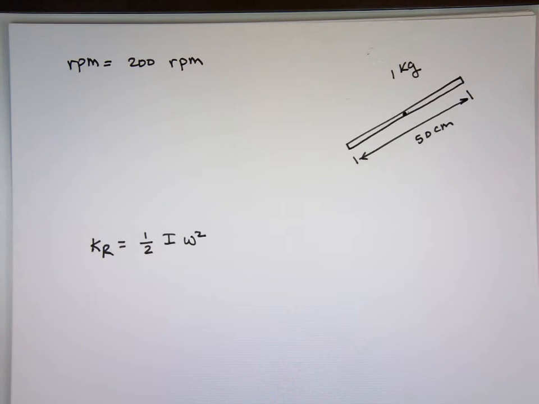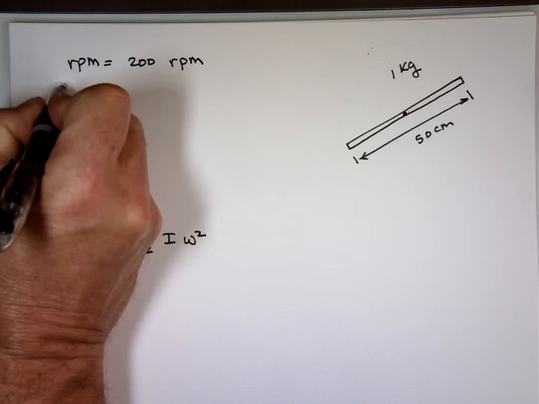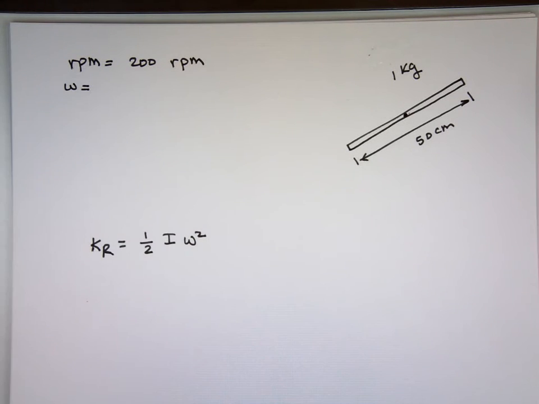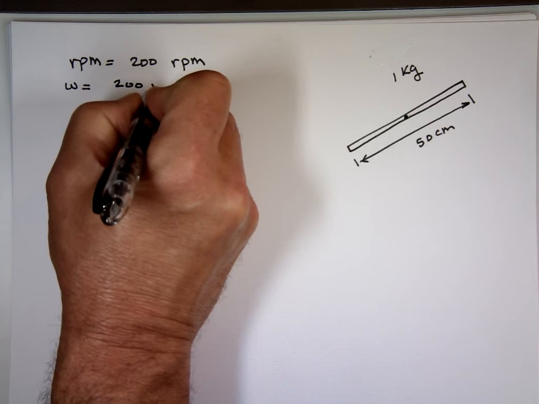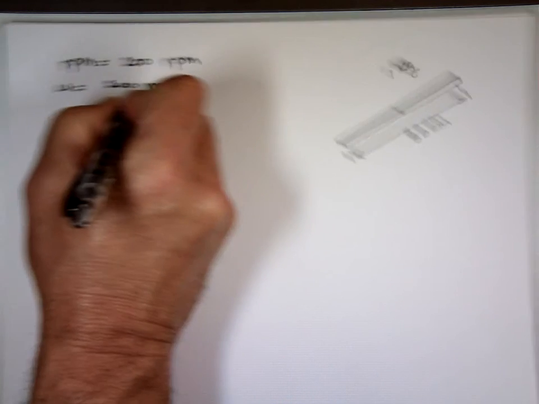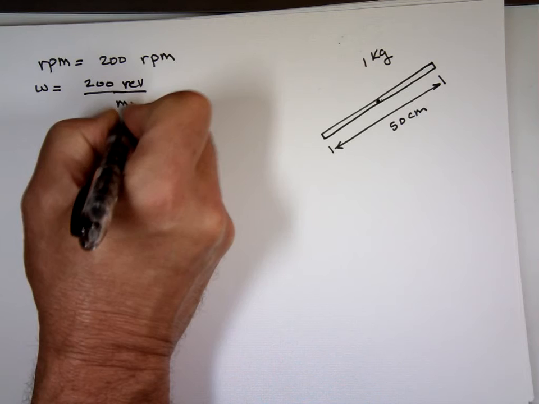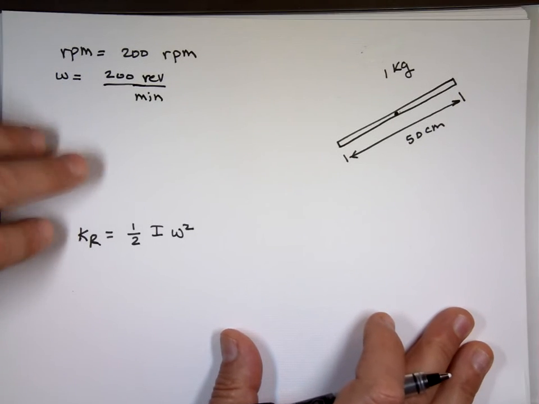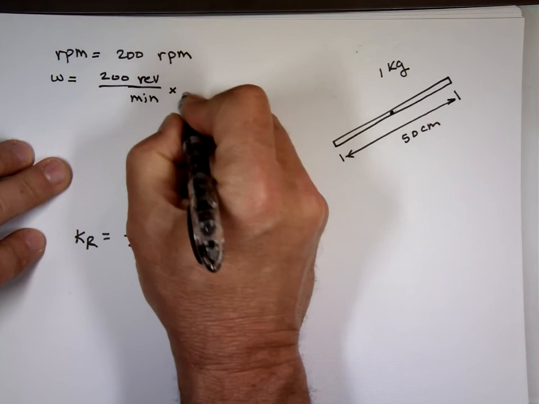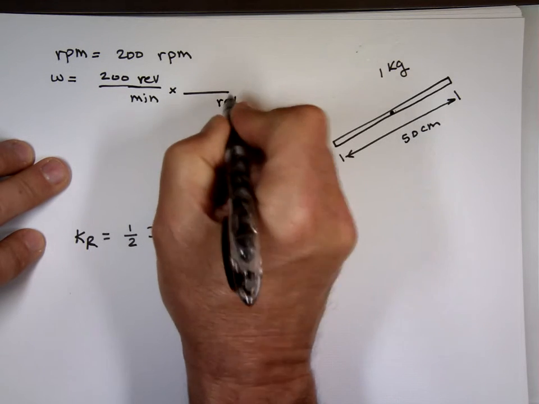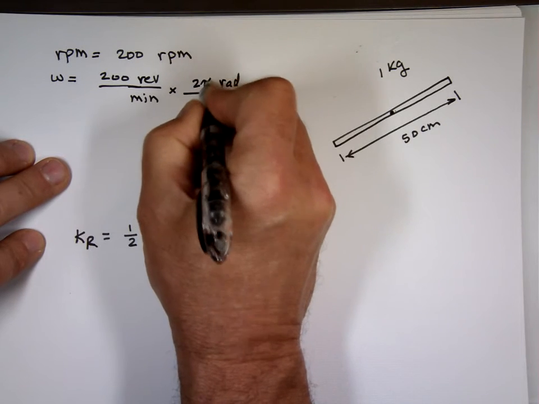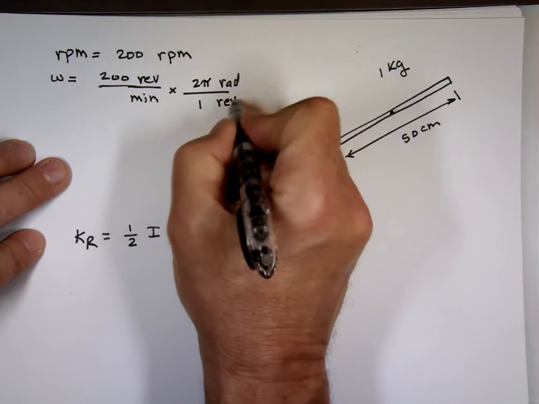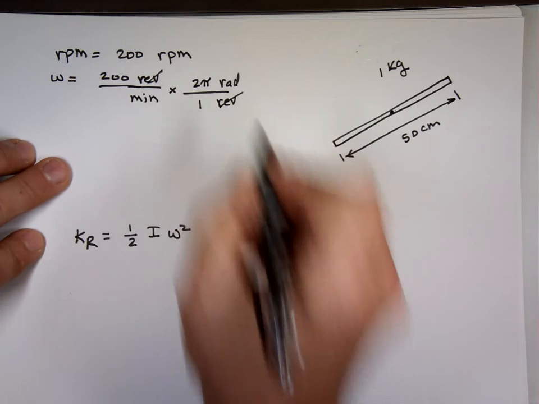So first things first, let's find W. We know that it's 200 RPM, revolutions per minute. Let's change it to rad per second. 1 revolution is equal to 2 pi radians. That gives rad per minute, but I don't want per minute, I want it per second.